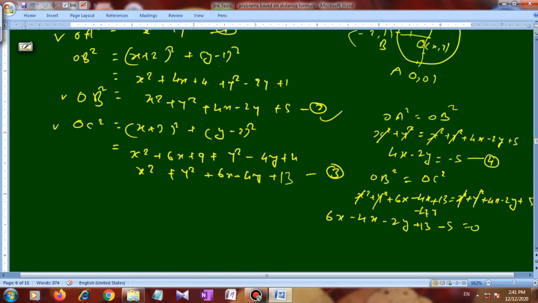So this will become 2x minus 2y plus 8, or 2x minus 2y equal to minus 8. So it can be written as x minus y equal to minus 4.